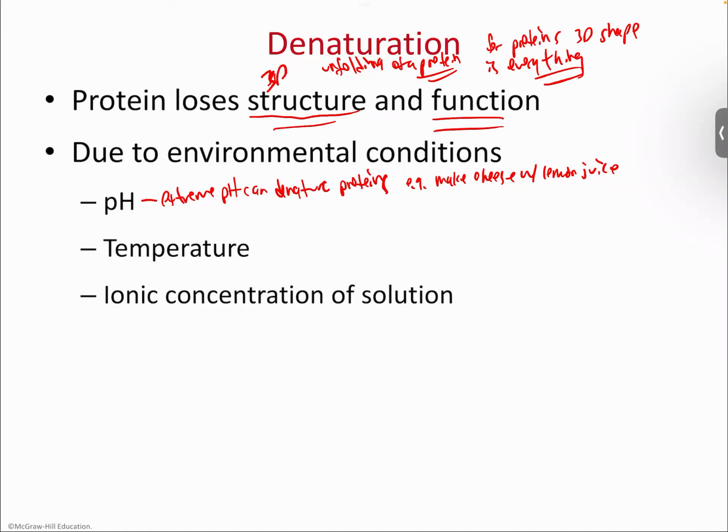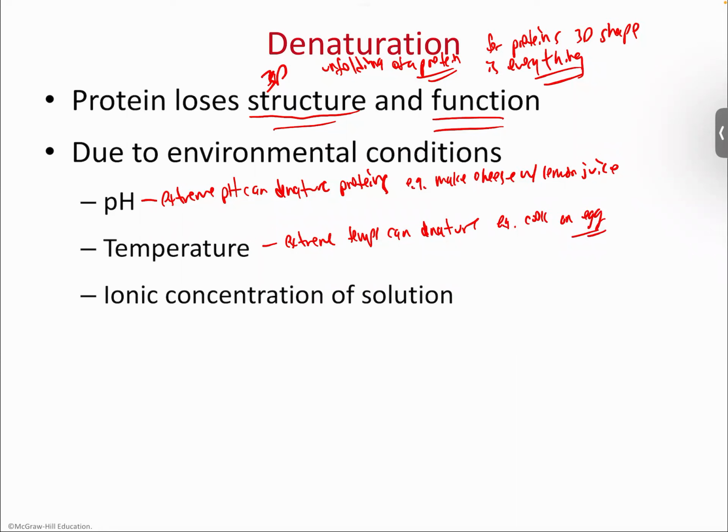But the way you did it was by denaturing the proteins, first of all, with lemon juice. That's extreme pH. In temperature, extreme temps can denature. So the example here is cook an egg. So let's go ahead and do that. Let's crack an egg on a frying pan, a good hot one.